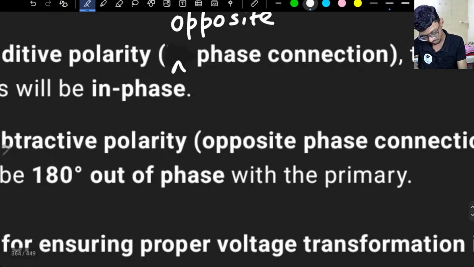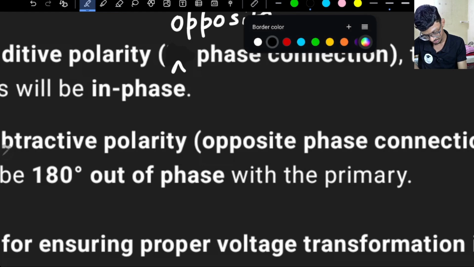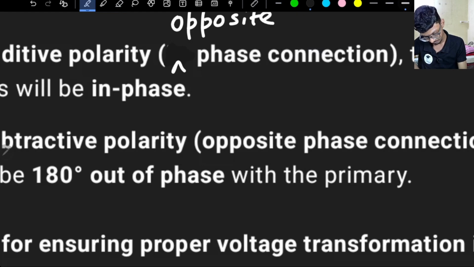And if they have subtractive polarity, that means they are in the same phase connection, or in phase, which is basically 0 degrees. Opposite means 180 degrees phase.